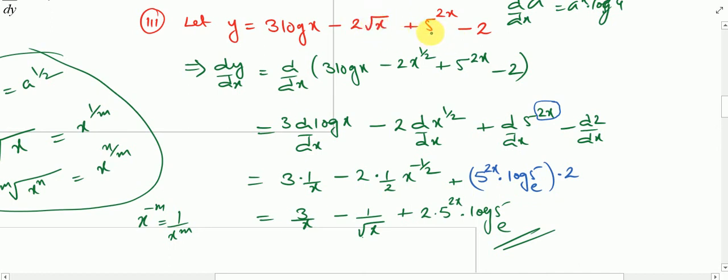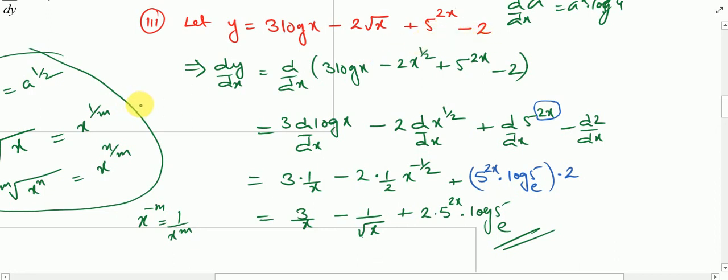Here also, just by looking at it, you can answer 5 to the power 2x. You have to differentiate. So you know the a to the power x formula, so think that it is like x for you. Then you will get 5 to the power 2x, then log 5. Then differentiate 2x again, you get 2, done. This is a constant, you will get a 0.